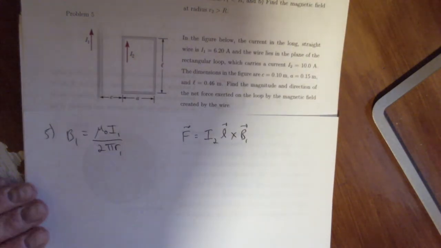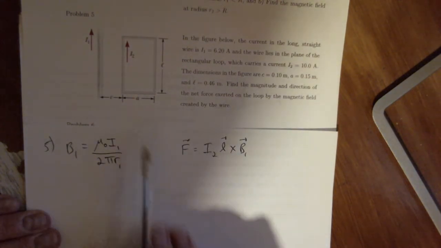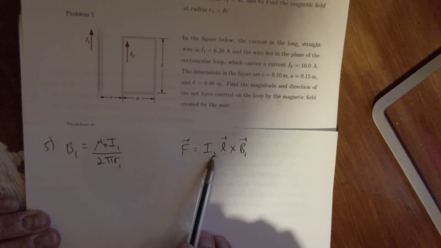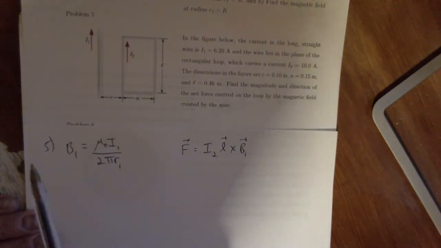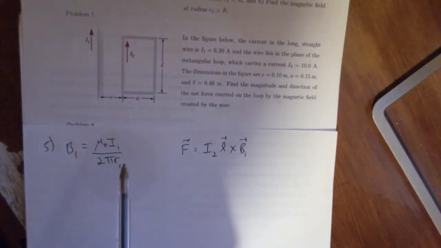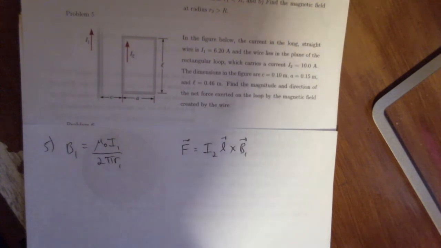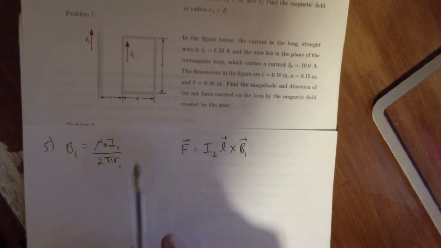Okay, so to make some progress here, I'm first going to figure out the directions of the forces on the rectangular loop, because I know that by symmetry, two of the forces are going to cancel. So we're finding the magnitude and direction of the net force.